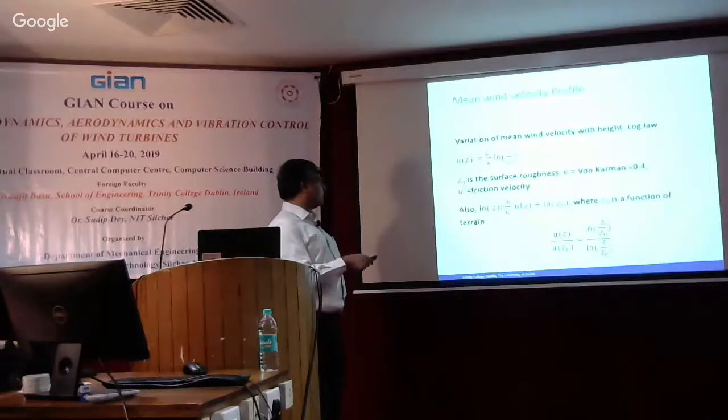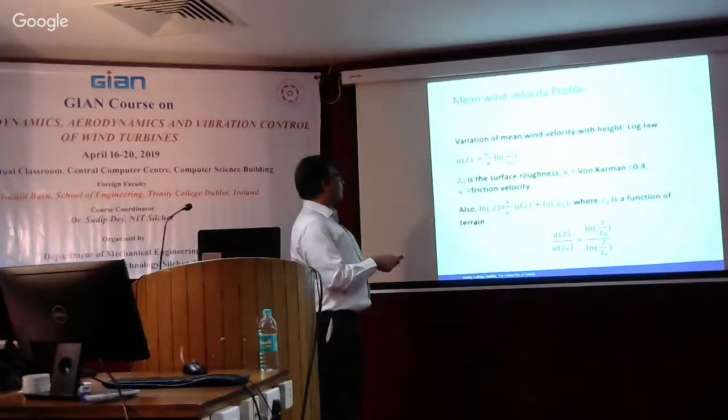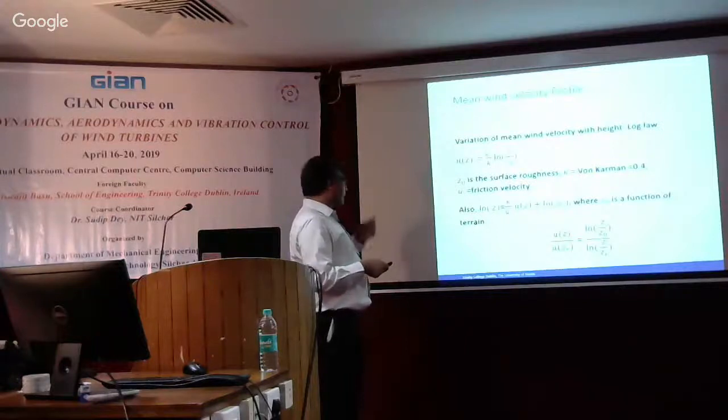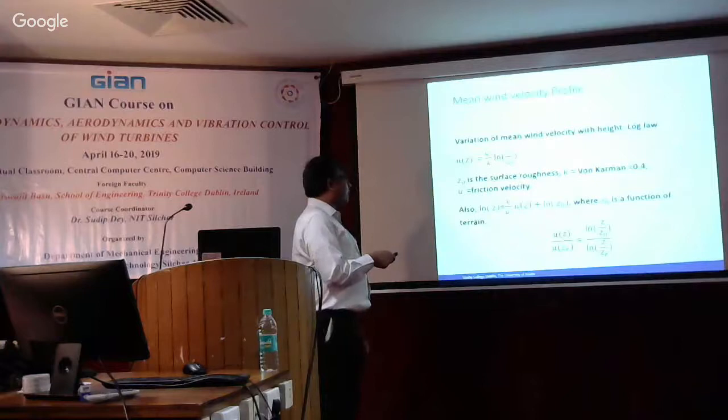Or you can write it in this form. You take the expression here and rewrite it in this form, and this will give you the value of the velocity corresponding to an elevation of z.